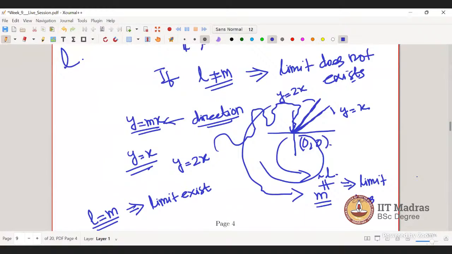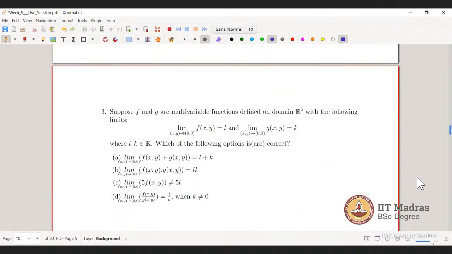Again, proving the limit exists is difficult. There are a few methods, but there are also functions where you cannot apply these methods.